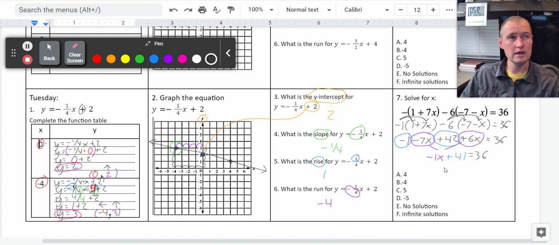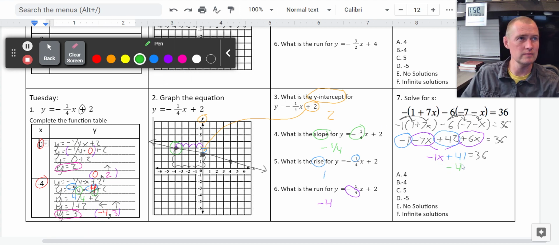All right, next step, we have positive 41 and 36. We're trying to get x by itself. So let's go ahead and subtract 41 from both sides. So here we go. We're going to subtract 41 both sides. So minus 41 minus 41. The purpose of us subtracting 41 from both sides is we're trying to get x by itself.